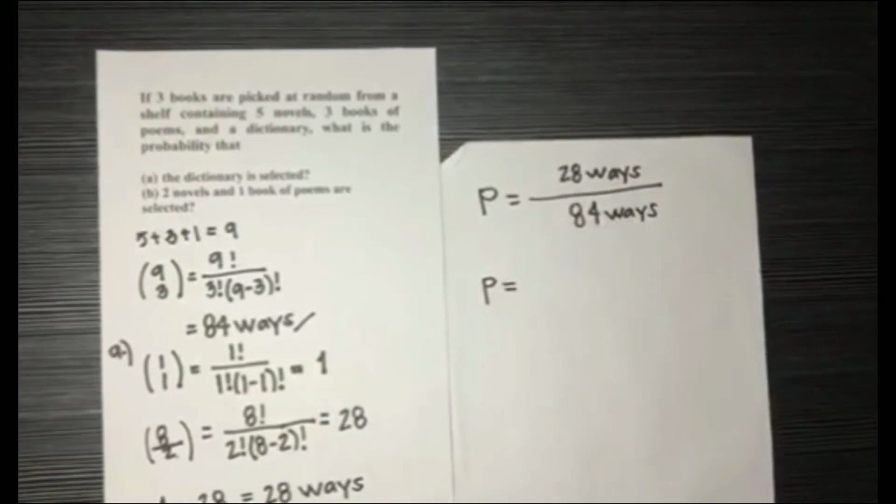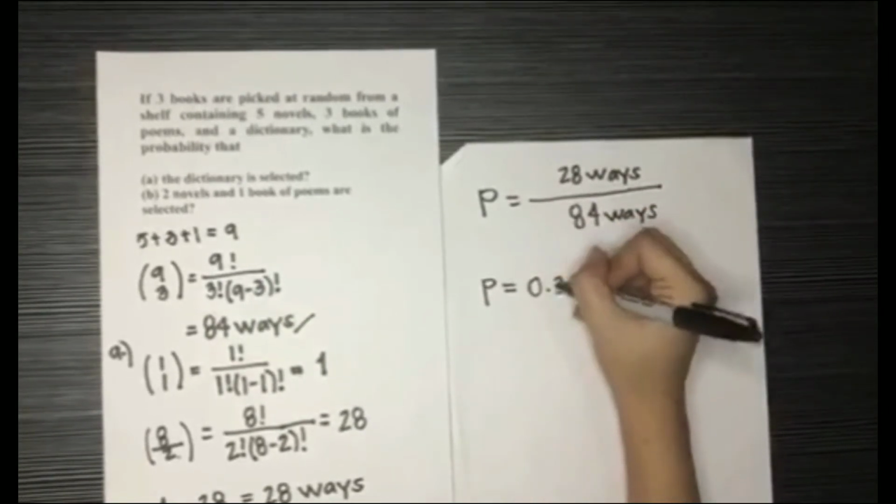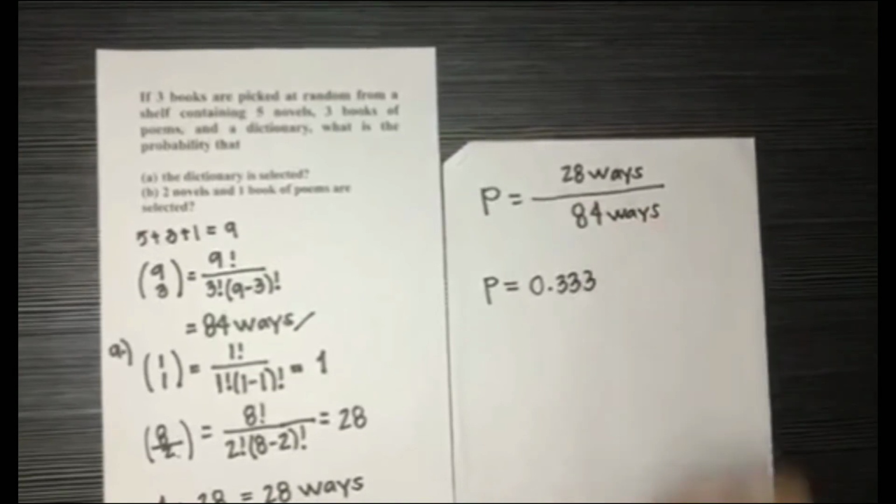Therefore, there is a 0.333 probability of choosing the dictionary.